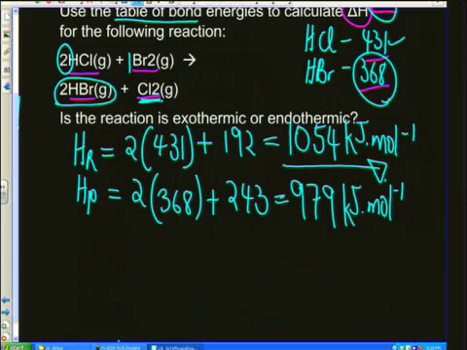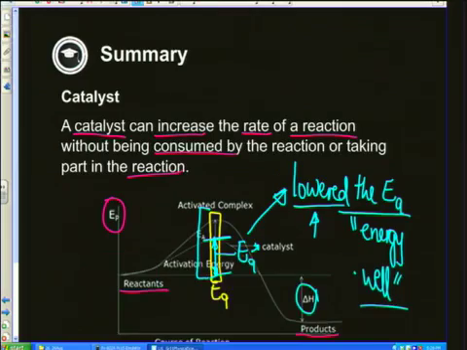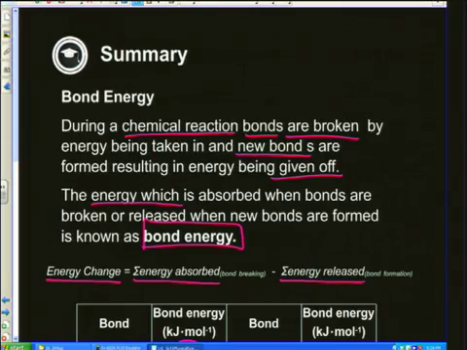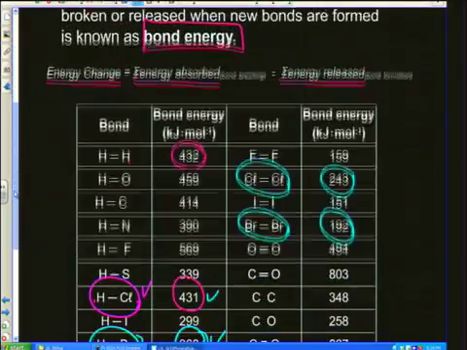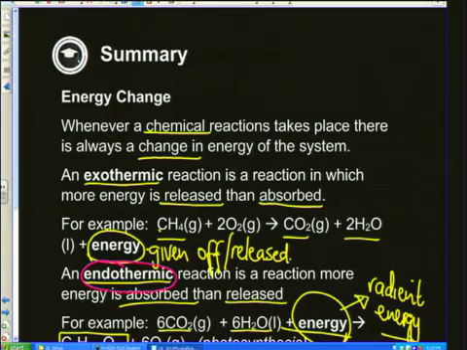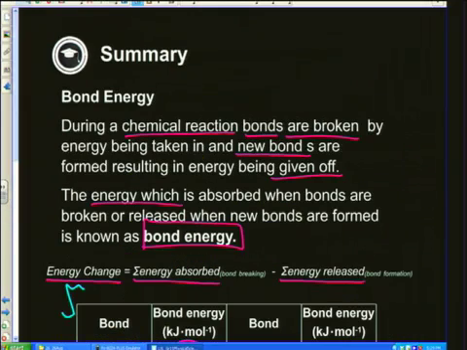Now, the change in enthalpy should be equal to... I want to take you back to the formula so that we see where all this comes from. Look at this. The energy change is given by energy absorbed minus energy released.